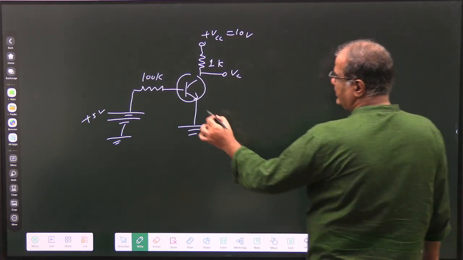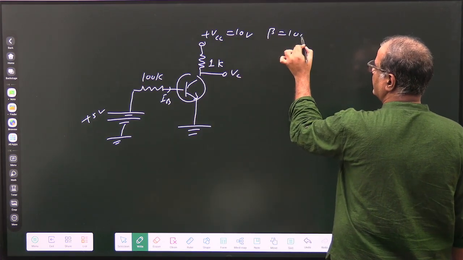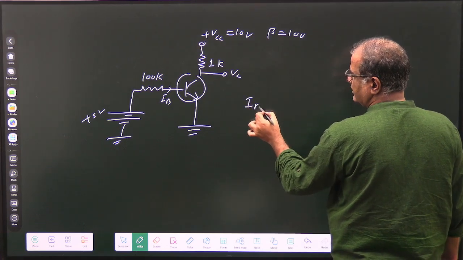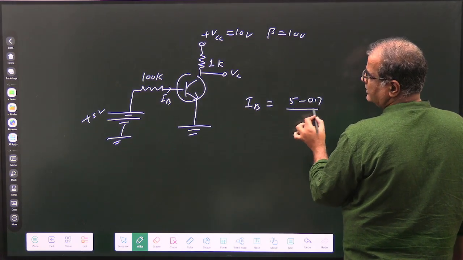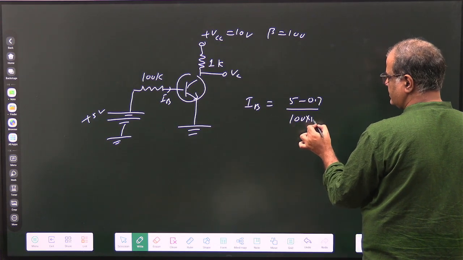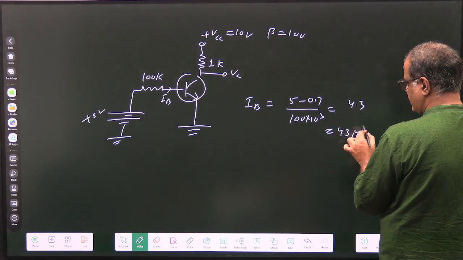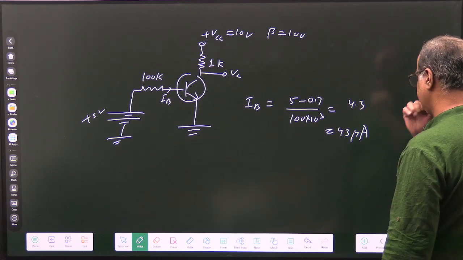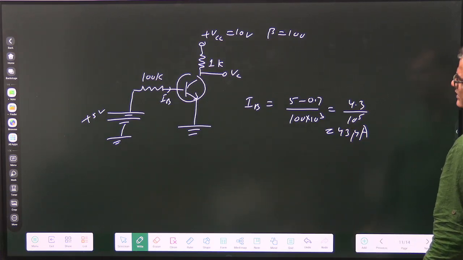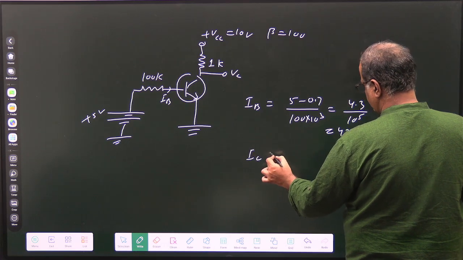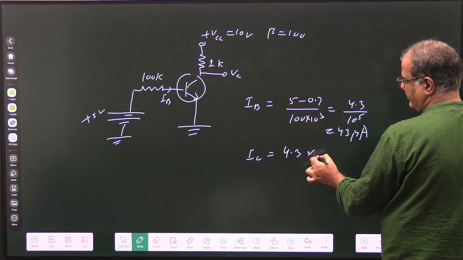So first find the IB. Beta is 100. So IB कितना आएगा? IB will be 5 minus 0.7 divided by 100K. So 4.3 divided by 10 raised to power 5, that is 43 microampere. And IC will be 4.3, beta is 100, 4.3 milliamperes.